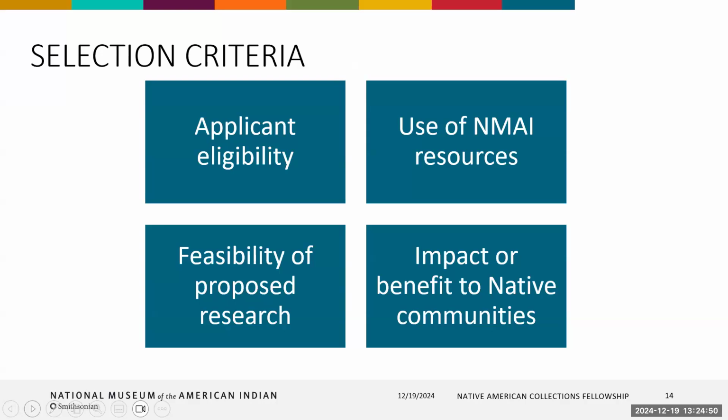How much are you utilizing different resources here at NMAI? Everything from collections to staff to other resources at Smithsonian. Third, I guess, is feasibility of the proposed research. Can you feasibly conduct the work within the time period that you've proposed? And then lastly, the impact or benefit to Native communities.